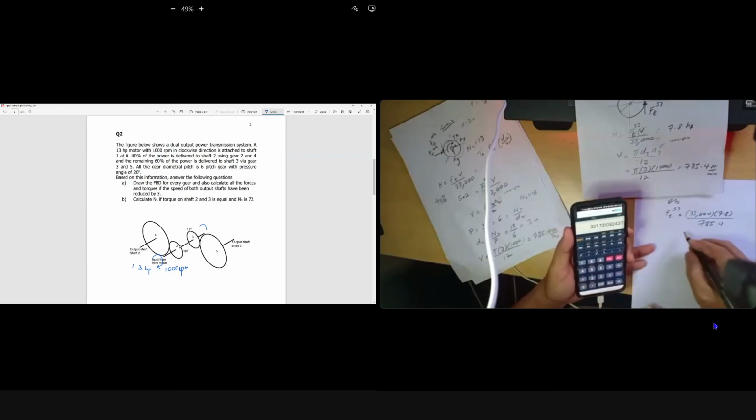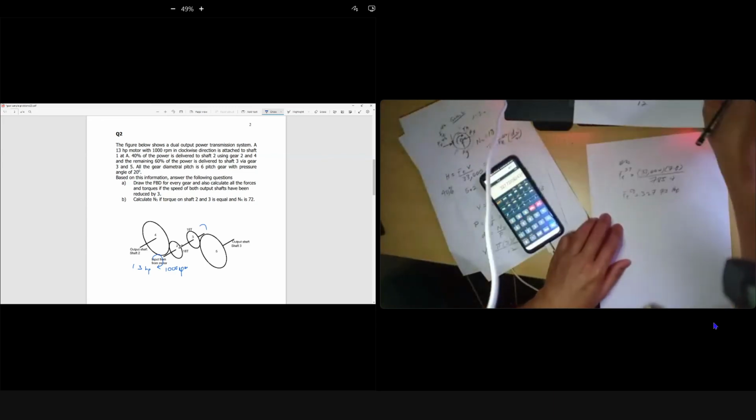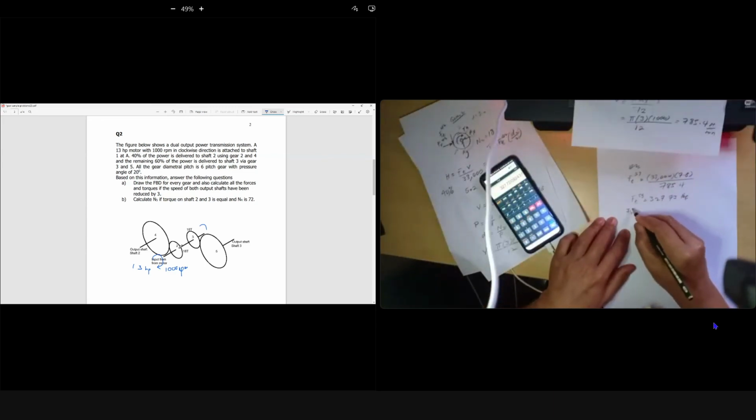So this will be force F tangent 53 equal to 327.73 pound force. The F radius is the same way.